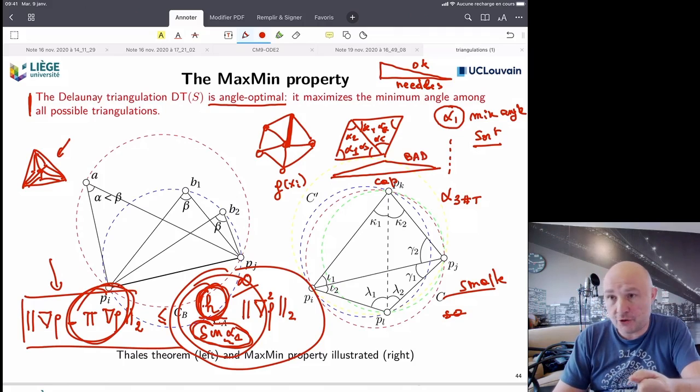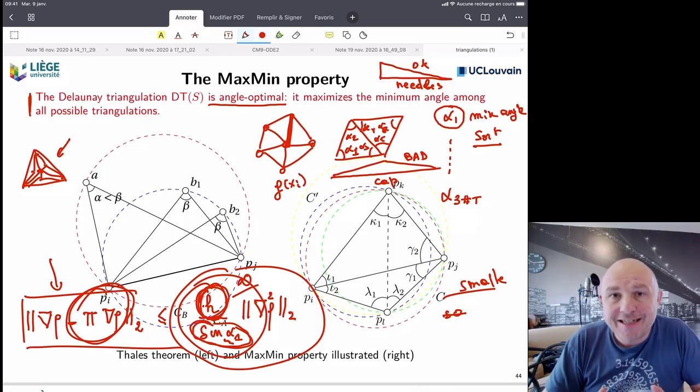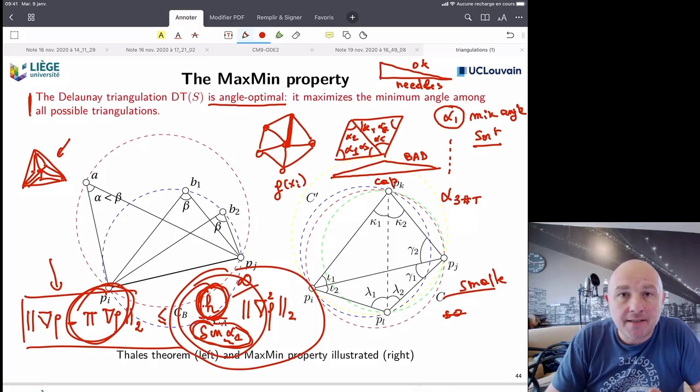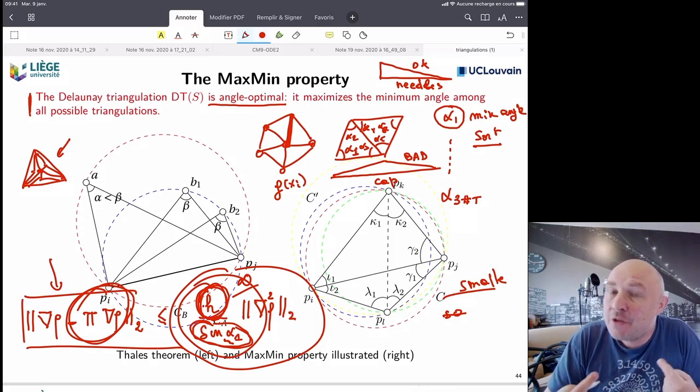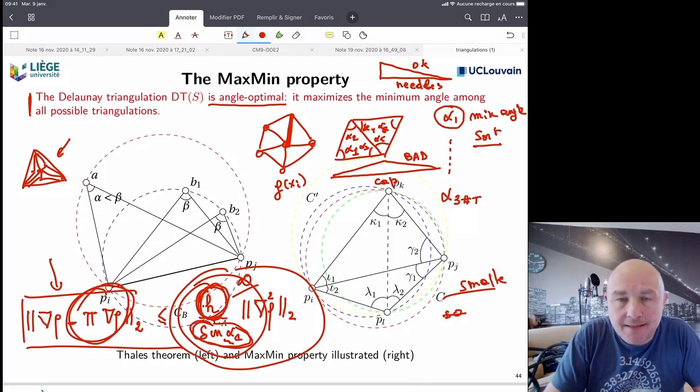And so it contradicts a little bit what I told you just before. The Delaunay triangulation allows you to not have small angles. But the Delaunay triangulation is not the triangulation that actually minimizes the largest angle. No. And there is no algorithm to build this min-max triangulation.